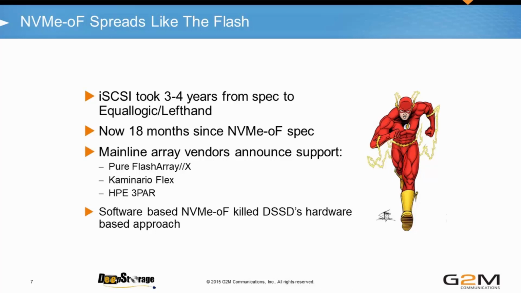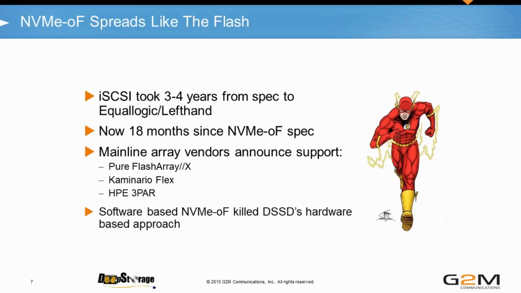NVMe over Fabrics is being spread and adopted much faster than the last new storage protocol, iSCSI. It took 3 to 4 years for us to get from the iSCSI specification finalization to the first iSCSI products that were worth having, the EqualLogic and Left Hand as my examples.